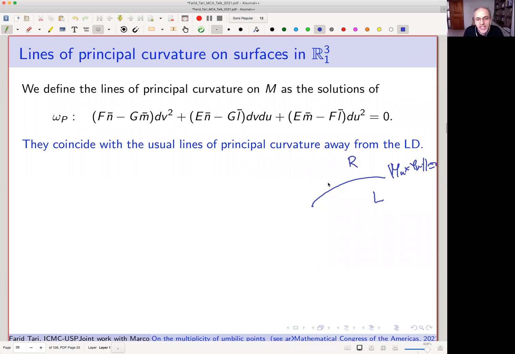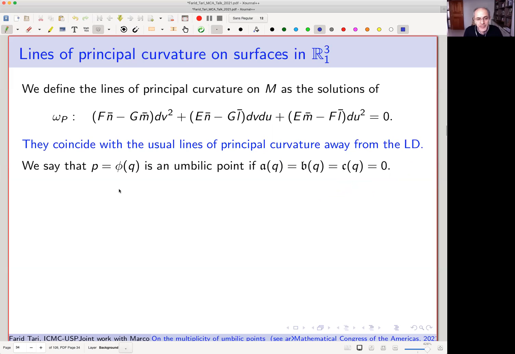So this equation, in fact, extends the lines of principal curvature through the locus of degeneracy of the metric. This is a more general equation of the lines of principal curvature on surfaces in R^3_1, which agrees with the lines of principal curvature away from this locus of degeneracy.